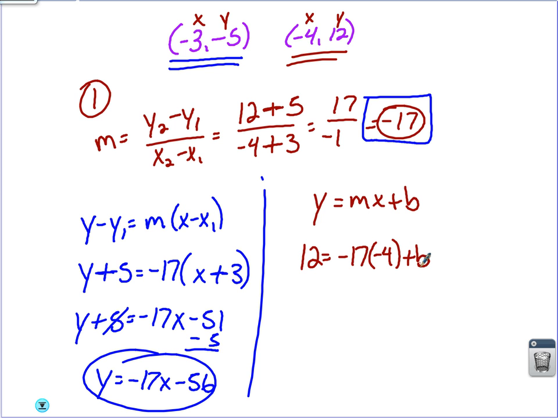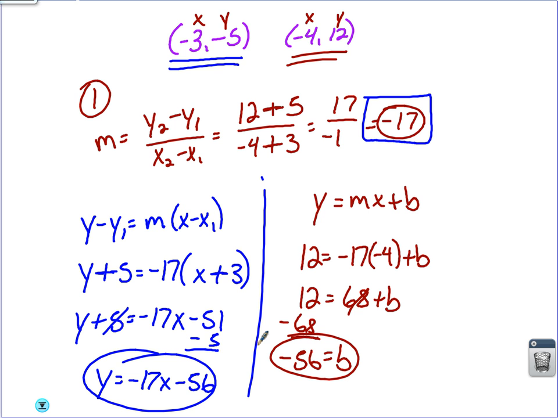Clean it up, you have 12 is equal to 68 plus b. We subtract 68 from both sides, and we get that b is -56. And since I now know b is -56 and m is -17, I have the equation y equals -17x minus 56, which matches our answer from the first part of the problem.